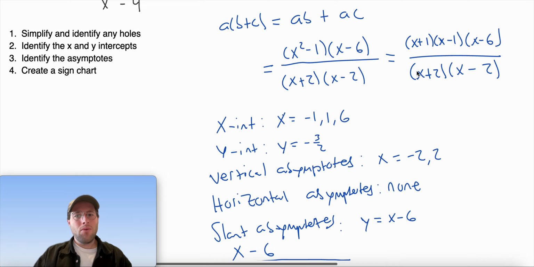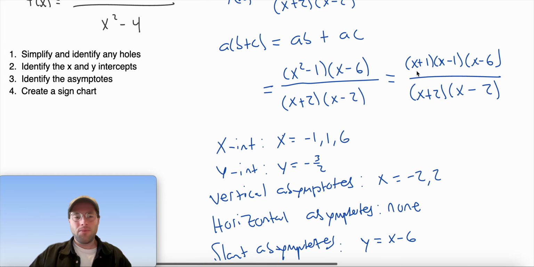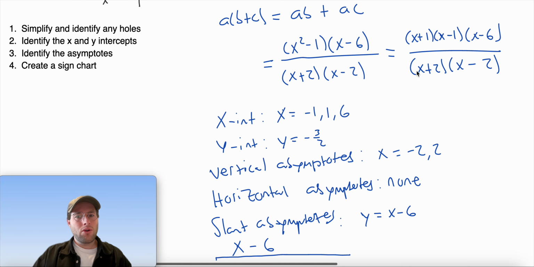And so now what we need to do is create a sign chart. I'll go ahead and do that right here. So draw out our little number line, and we want on this number line to put all of our x-intercepts and our vertical asymptotes where they occur.